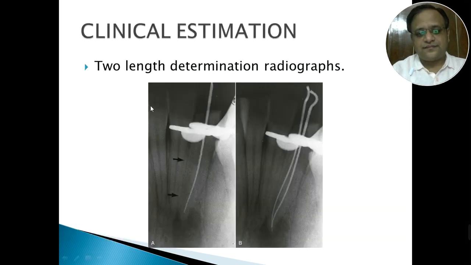It is just an example that we show, that 2 length determination radiographs should be taken, one at a particular angle, followed by a mesial or a distal movement of the radiographic X-ray material, and another radiograph has to be taken.